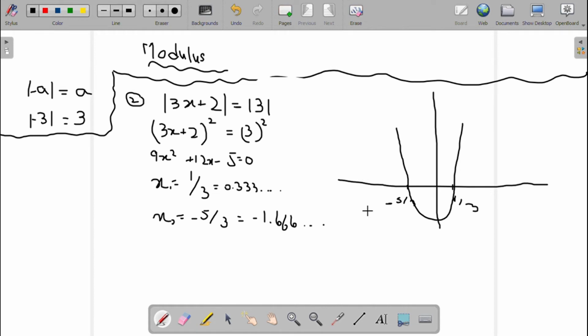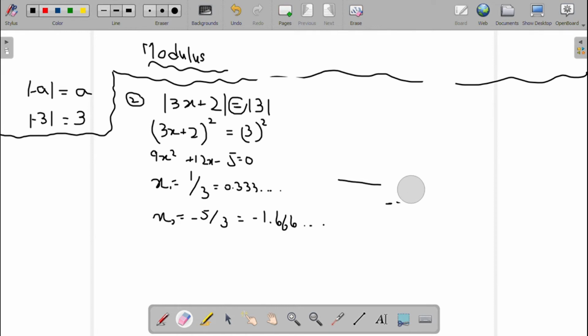So for example, now what we have to do: here we have the equal to sign. When you have the equal to sign, no need for sketching here.